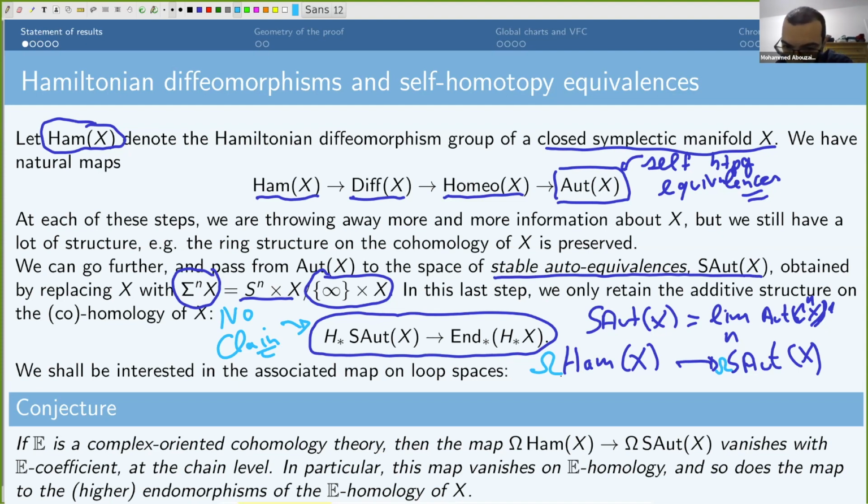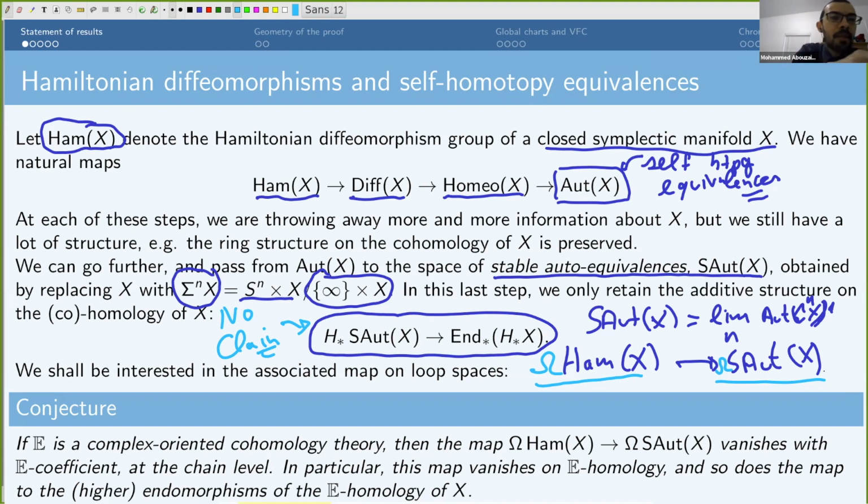So I want one more step, which is that I want to pass to the loop space of the Hamiltonian diffeomorphism group, which means I'm going to look at families of circles, S1s, mapping into the Hamiltonian diffeomorphism group. And similarly, that gives me a loop of stable automorphisms. And you can do this not just with one loop, you can do it in a family. This is a map of spaces.